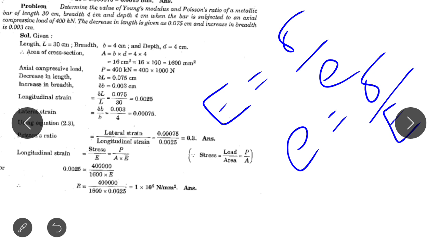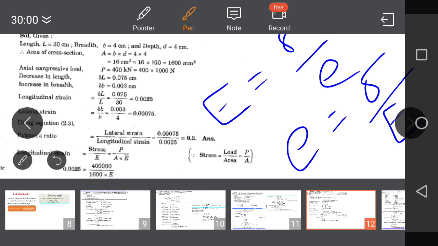So therefore strain 0.0025 is equal to 400 kilonewton divided by area, which is 1600 mm square, into Young's modulus. So therefore Young's modulus is equal to 400 kilonewton divided by 1600 into 0.0025. Therefore Young's modulus is equal to 1 into 10 to the power 5 Newton per mm square.